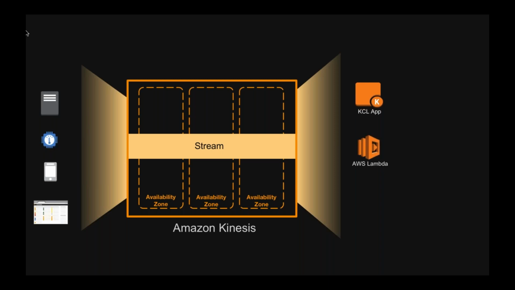So Lambda is essentially a serverless framework where you just give us your code, and then we will run that code either in response to an event, or in this case, your code will sit there and Lambda will poll Kinesis waiting for messages, and then when those messages come off, it will fire off your logic to do whatever you need to do with the data.